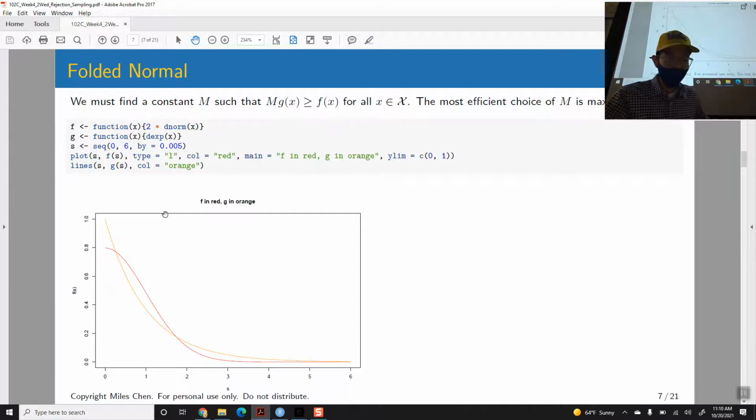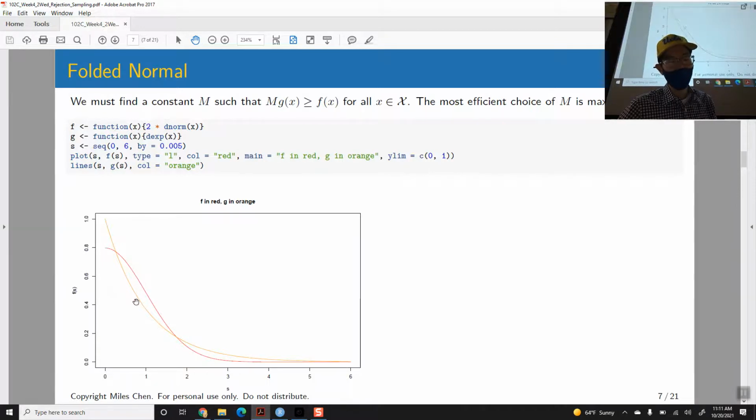Basically, I want to multiply the orange line by some constant so that the value of m times g of x is bigger than f of x, the red line, everywhere. So where do I do that? I'm going to find the value where the ratio of the red line over the orange line is as high as possible.